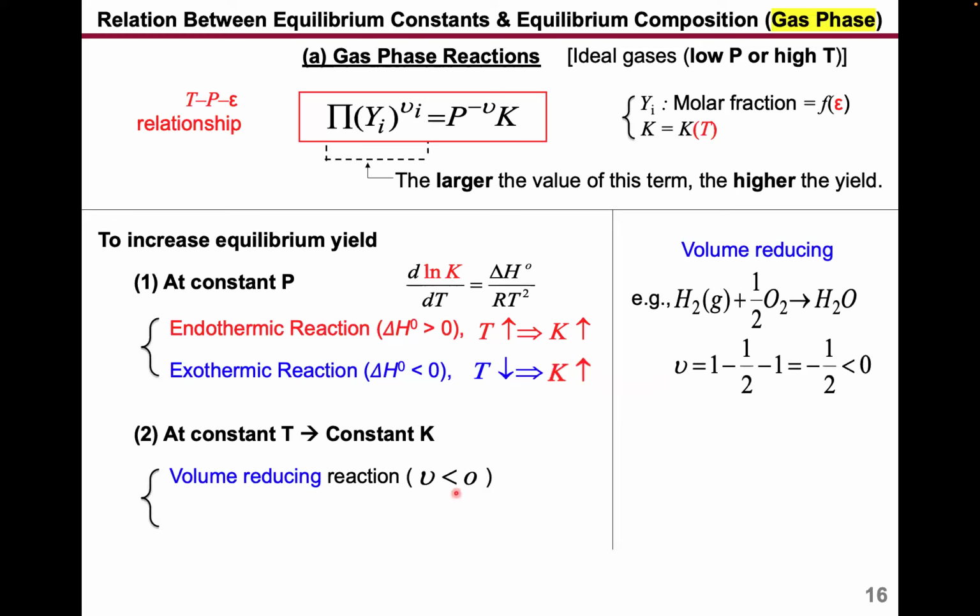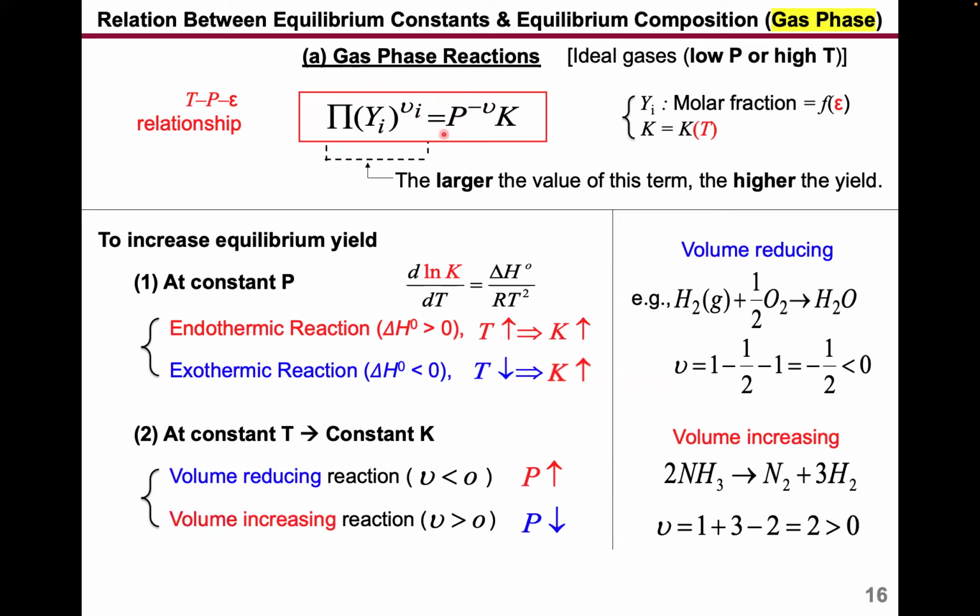So if ν is negative, then minus ν is actually positive. So you need to increase the pressure to increase the overall yield. When your pressure increases, this whole thing increases, then your yield increases. And then for a volume increasing reaction, in this particular case, you have 2 moles of NH3 going to 1 mole of nitrogen and 3 moles of hydrogen gas.